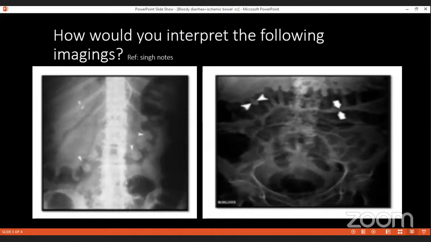When do you see the thumbprint sign? Thumbprint sign is seen at the descending colon and the sigmoid colon. Because of the presence of edema. Large bowel wall thickening caused by edema secondary to an inflammatory process and infective causes.